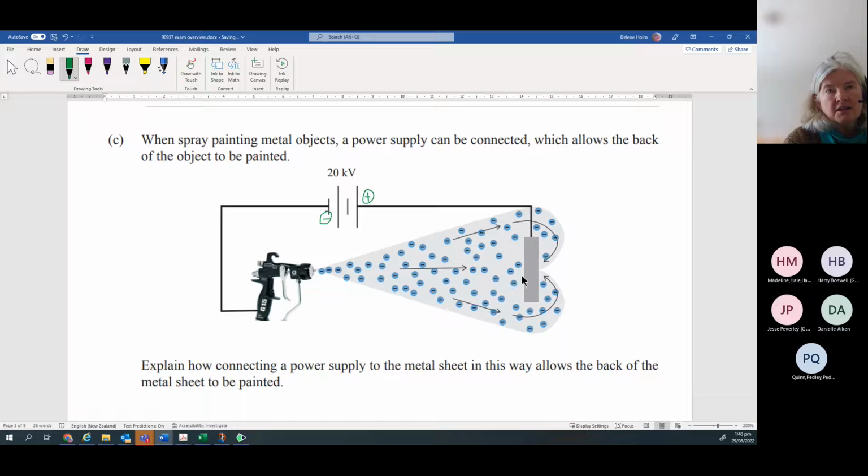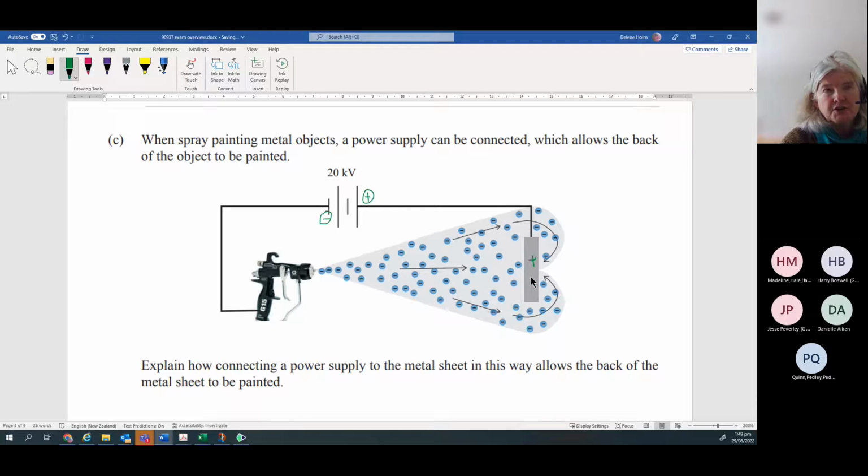So the metal is positively charged. That's the way this is going to be working, and the circuit is completed by the spray paint landing on there, and that makes it connected.